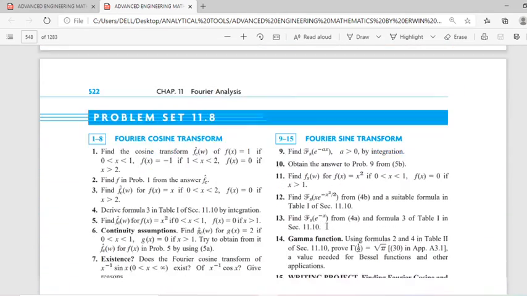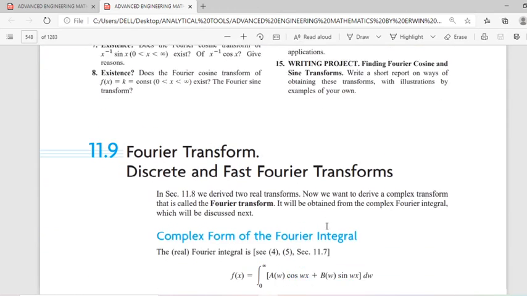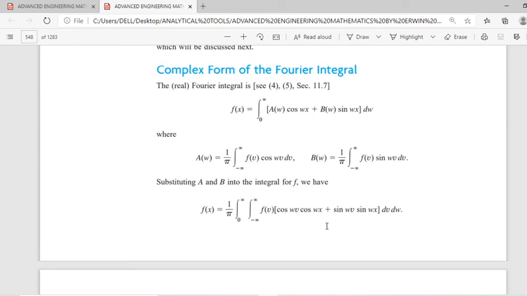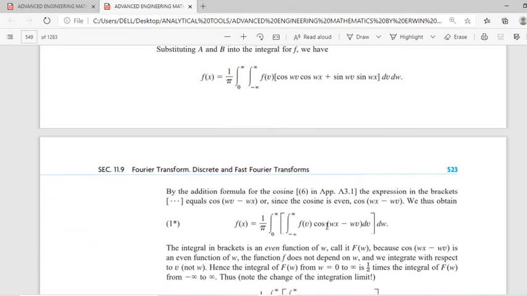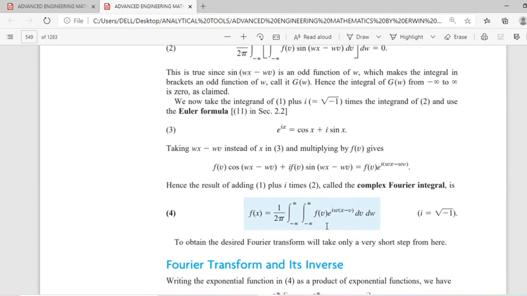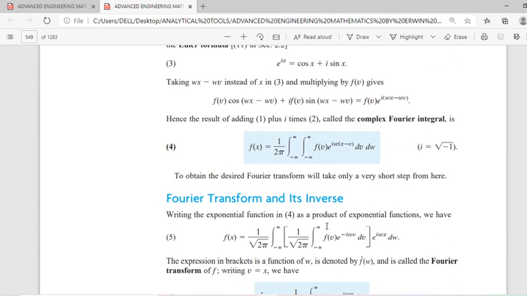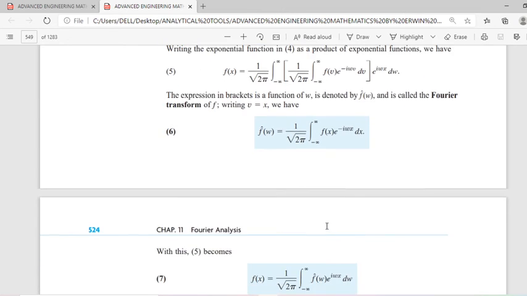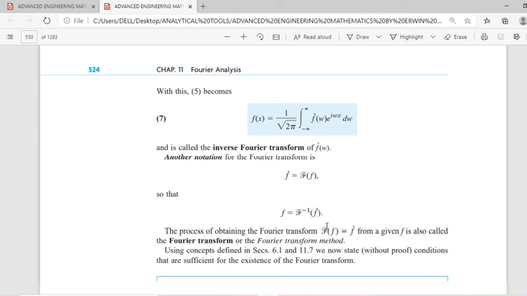So I think this is clear for you. Next we consider this theorem. If it is available in the syllabus, we can discuss it. Let me look at the syllabus first, then only we have to discuss this theorem.